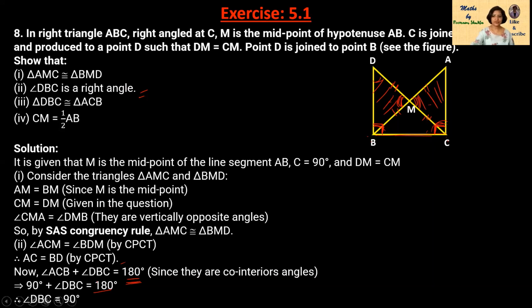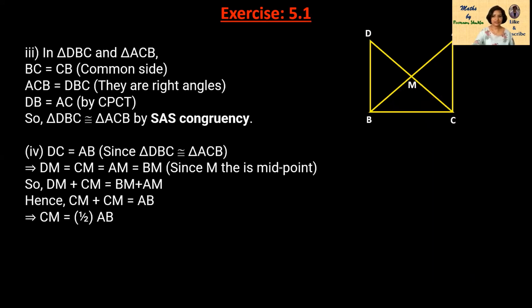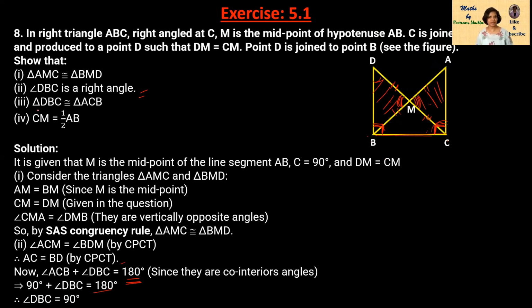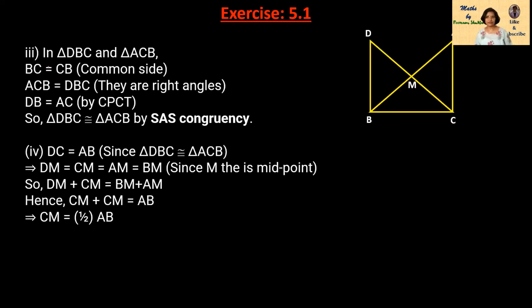So it is proved. Now we will go to the third part. In the third part we have to prove that triangle DBC is congruent to this triangle. For that, BC equals CB, the common side. DB equals AC by the CPCT rule, because we have proved these two are congruent triangles.